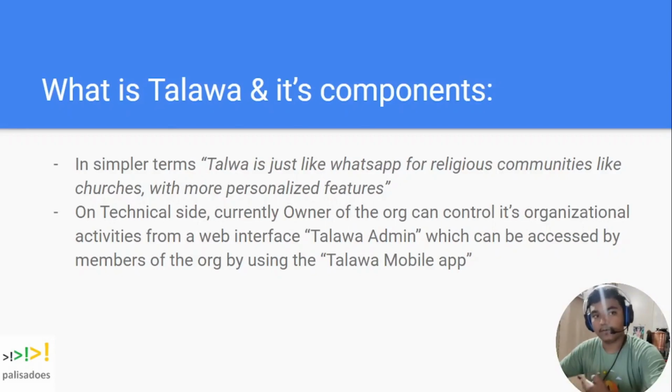What are the future activities that they are going to be conducting, if they are going to be conducting events or something. He wants to post that somewhere, right? So he can post those things on the Talawa admin, and then those things will be accessible to users via the mobile app. So that's about that.